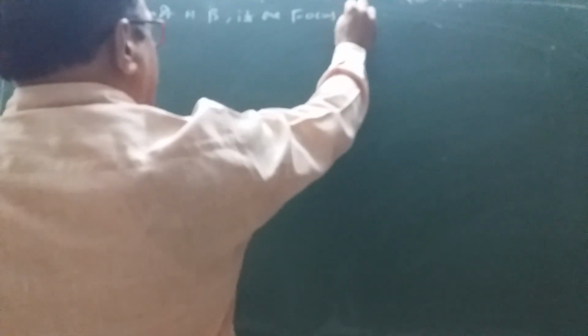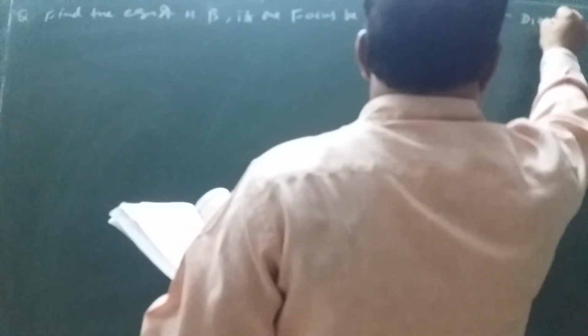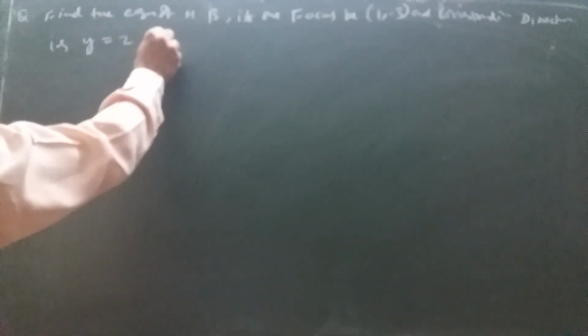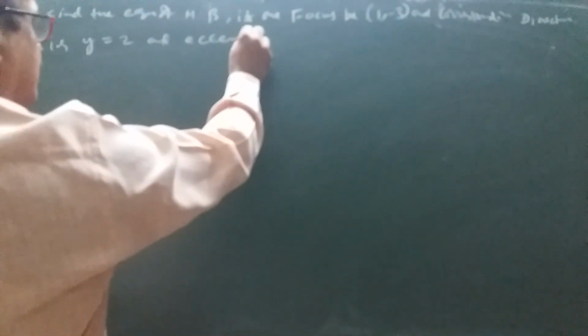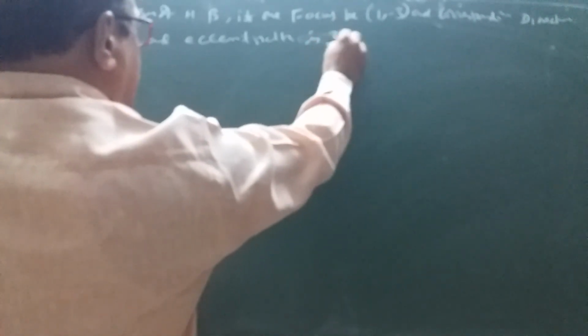Given question: find the equation of hyperbola if one focus is (1, -3) and corresponding directrix is y is equal to 2 and eccentricity e is equal to 3 by 2.